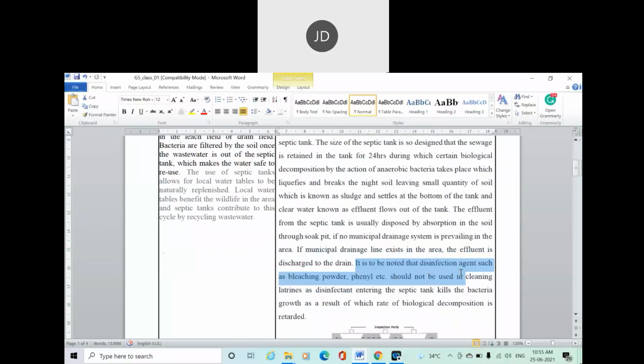Okay, it is to be noted that disinfection agents such as bleaching powder, phenyl, etc., should not be used in cleaning latrines. Okay, so like the way of disinfection used for water, there are different approaches for disinfection of water, right? Even bleaching powder is one of the components that can be used for disinfection of water.